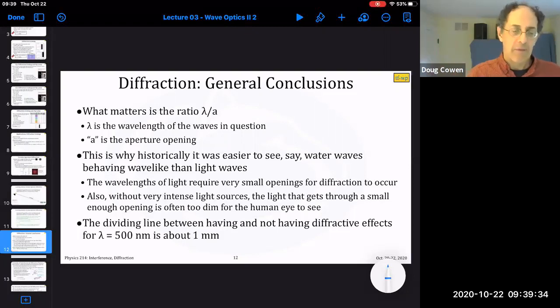Nowadays, it's not so hard to make these small slits, and we also have very intense light sources, lasers. So we can see diffractive effects and take advantage of them or compensate for them pretty easily. Generally speaking, the dividing line between having and not having diffractive effects is something like a millimeter or so if your wavelength is in the middle of the visible at 500 nanometers. That gives you the scale.